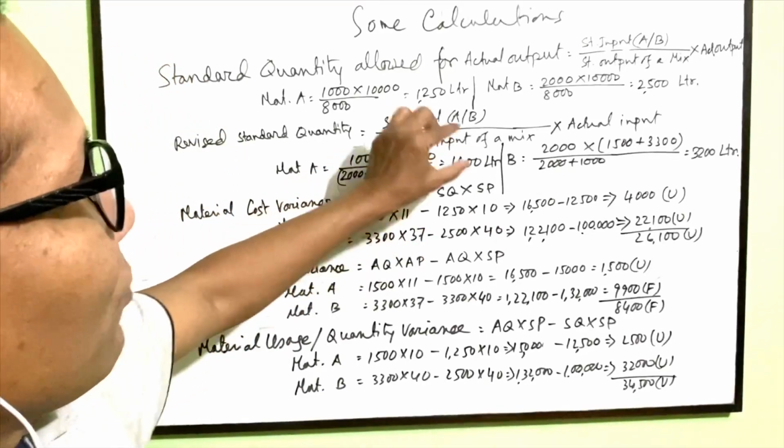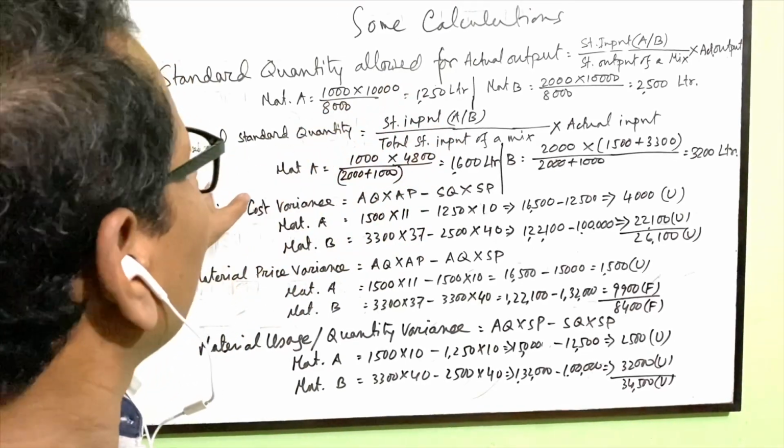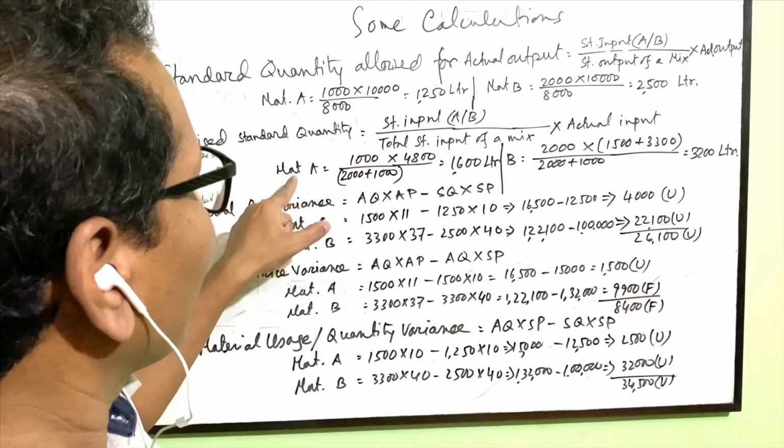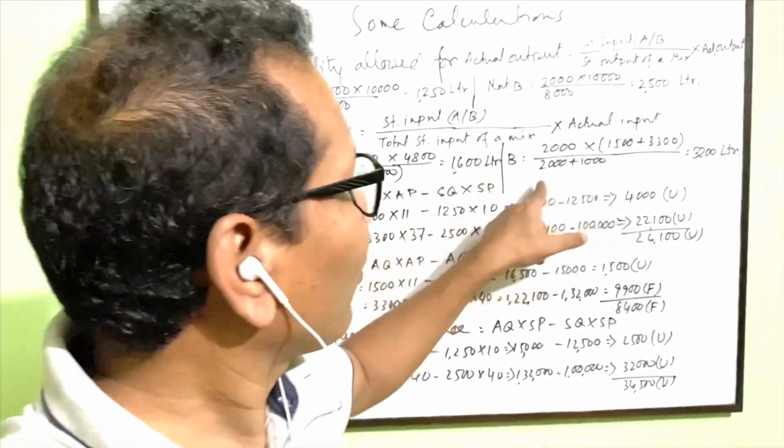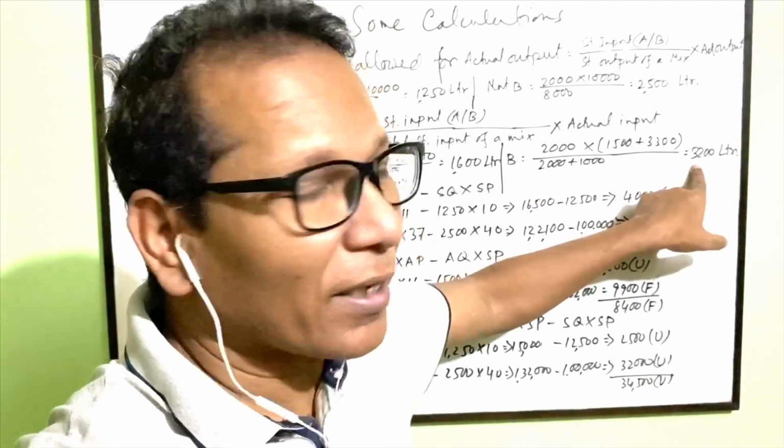Using the formula of revised standard quantity, we get for metal A 1600 liters and for B 3200 liters.